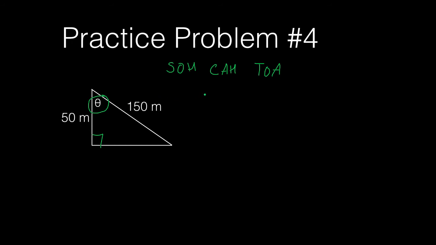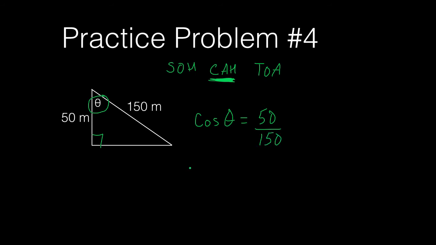And so adjacent and hypotenuse, and it looks like we could use this middle one, CAH. So cosine, and now we don't have the angle, so I'm just going to keep calling it theta. And cosine of theta is equal to the adjacent, which is 50, divided by the hypotenuse, in this case was 150.